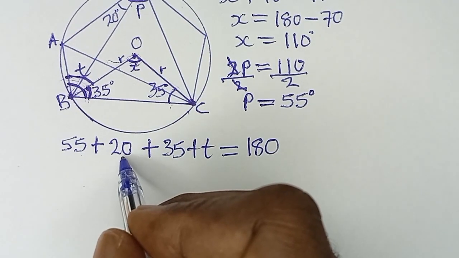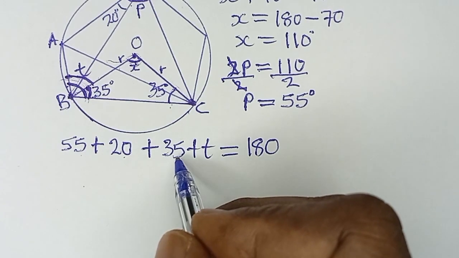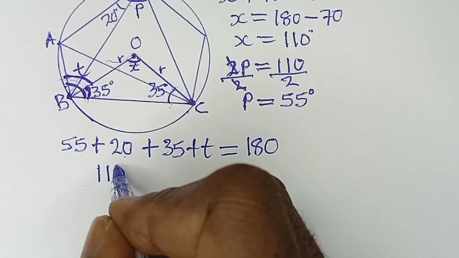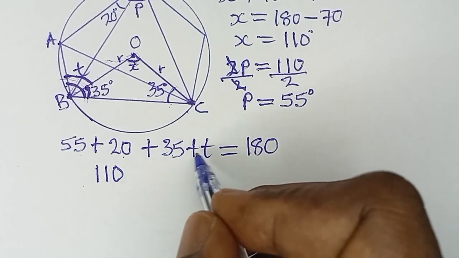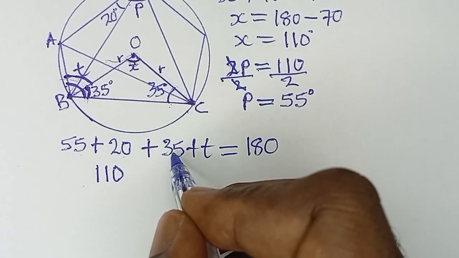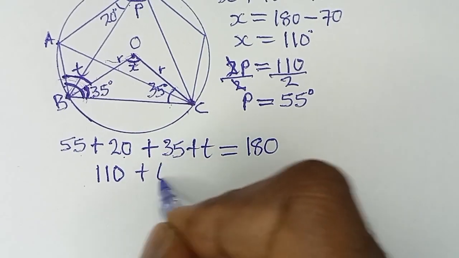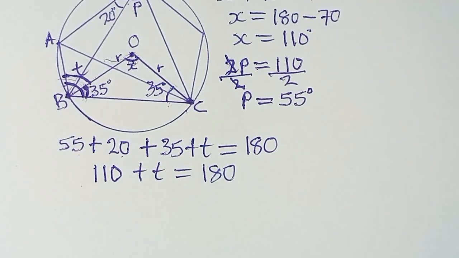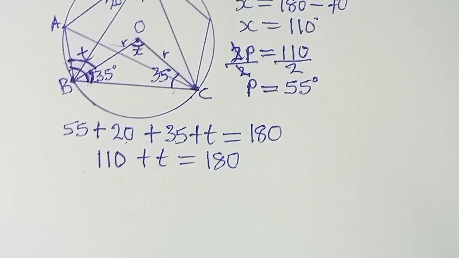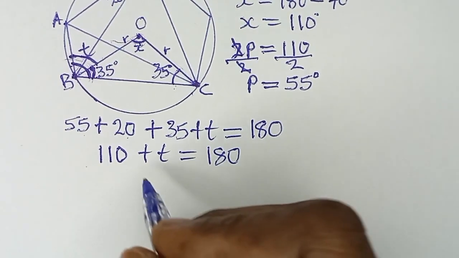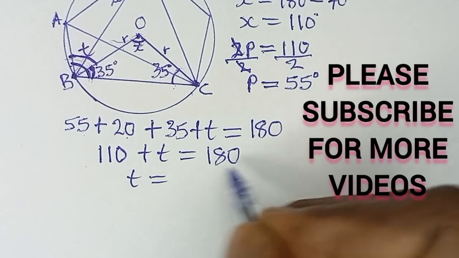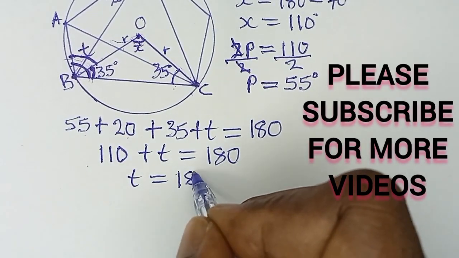Then now I can solve for that. 55 plus 20 is 75. 75 plus 35 is 110. So the sum of these three is 110, plus T, is equal to 180 degrees. Then from there, I can make angle T the subject of the formula. So T, on this side, is equal to 180, which is already on the right.